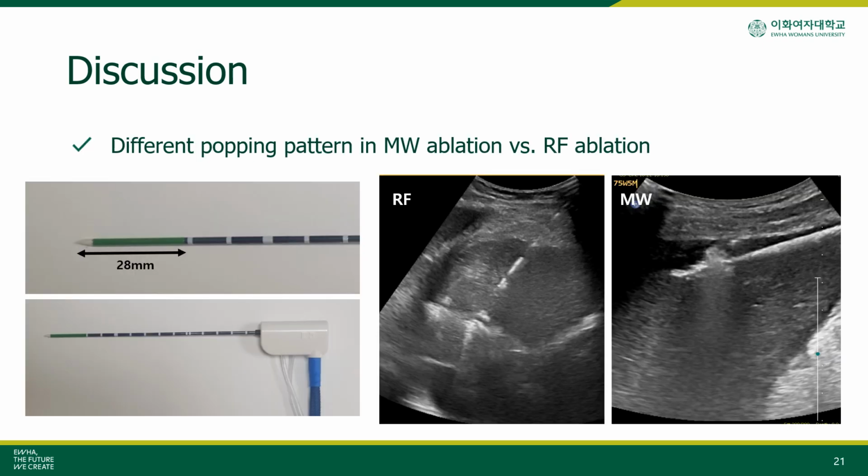In RF ablation, energy is primarily concentrated at the distal tip of the electrode, with the tip facing the hepatic capsule in the perpendicular approach. This concentrated area exhibits relatively high temperature and pressure, making the capsule more susceptible to disruption, even with low energy RF ablation.